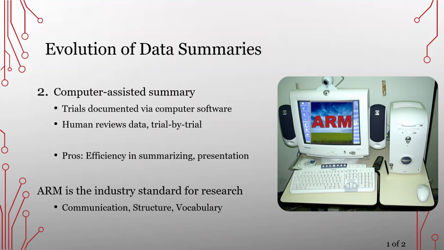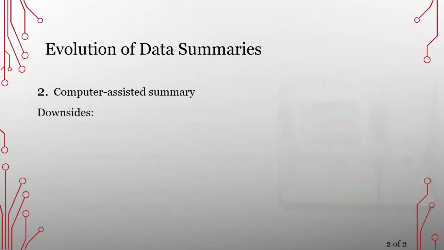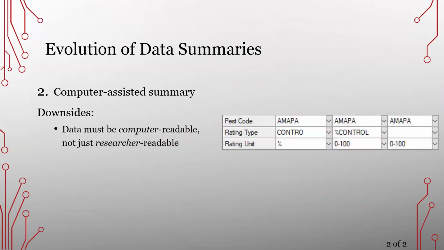And of course, as an ARM user, you know firsthand why ARM is the best software for this job. It really allows for communicating instructions and results for this complicated research in a very structured way with a common vocabulary, and that's really critical for efficiency and accuracy in research. However, there are still challenges to work through with this.